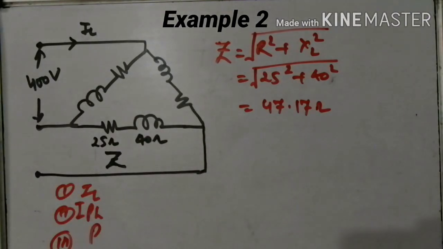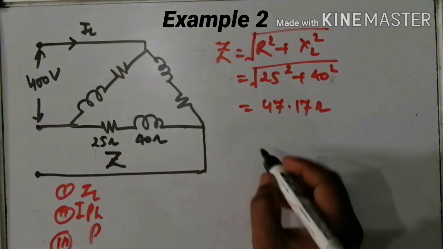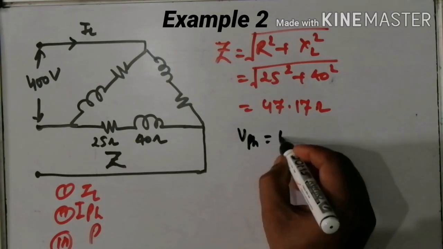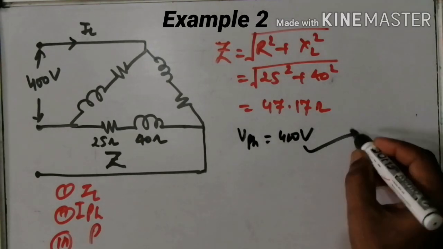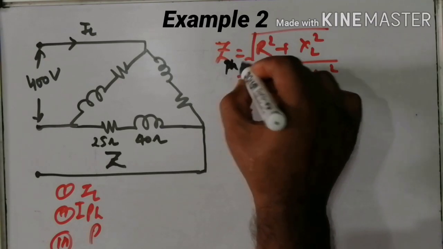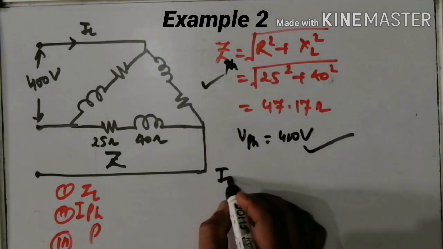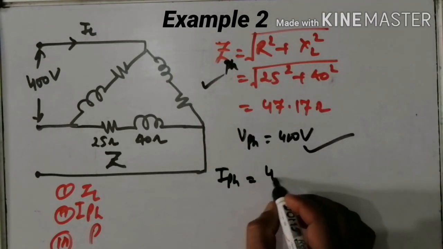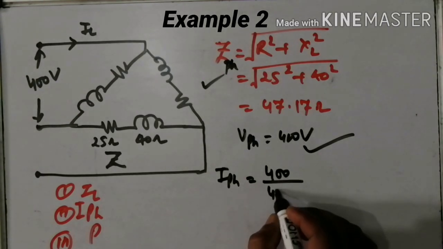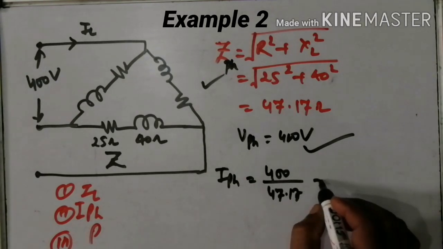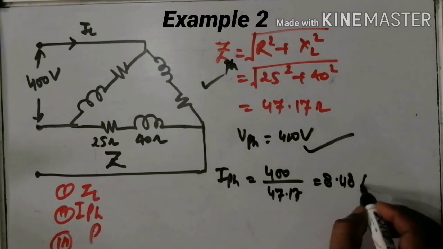According to this picture, phase voltage is 400 volt. With the help of phase voltage and phase impedance, we can calculate phase current. That is 400 divided by 47.17. It is 8.48 ampere.